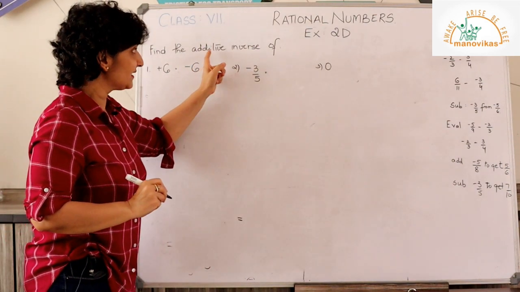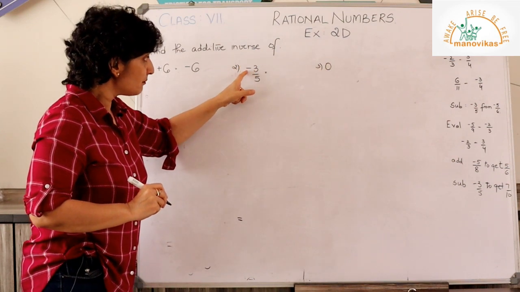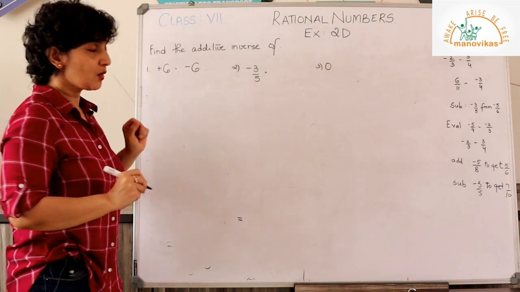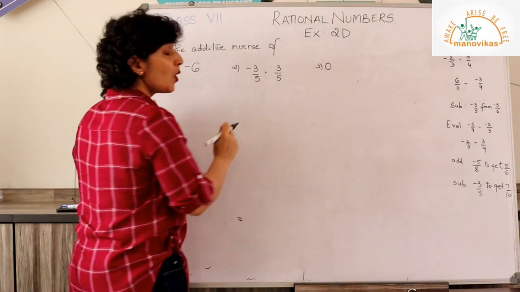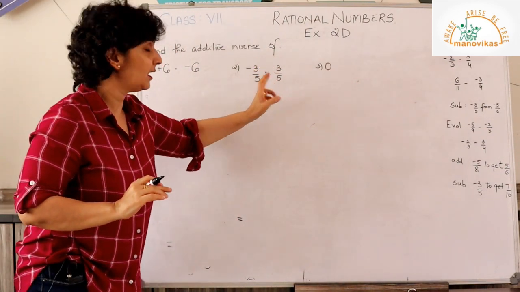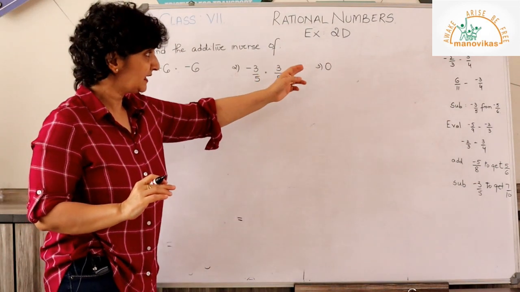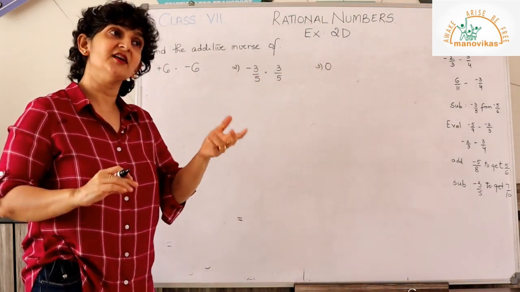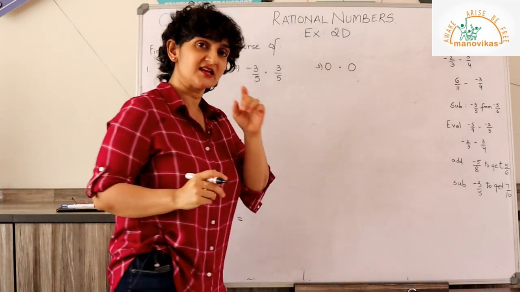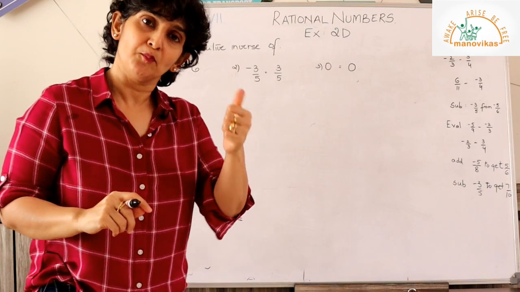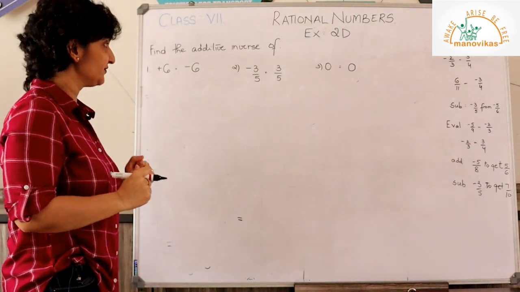Similarly, the additive inverse of minus 3 upon 5 will be plus 3 upon 5, or simply 3 upon 5. Next, the additive inverse of 0 will be 0 because 0 is neither positive nor negative.